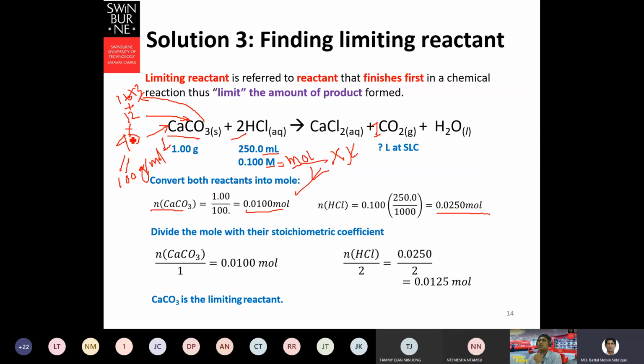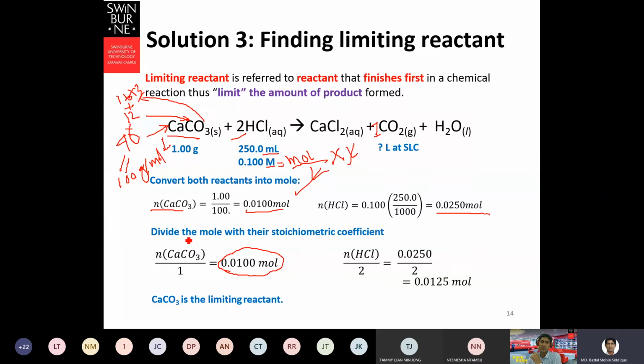That means 1 mole of calcium carbonate and 2 moles of HCl produce 1 mole of carbon dioxide. And we need to see whether this number of moles will produce the exact amount of carbon dioxide or not. Whether this reaction will go all the way until it finishes 0.01 mole of calcium carbonate, or it stops before that.